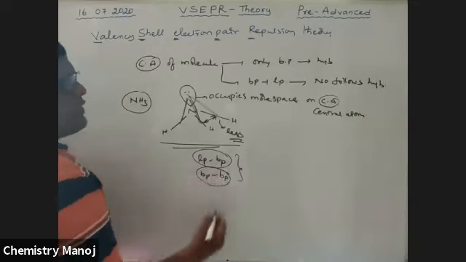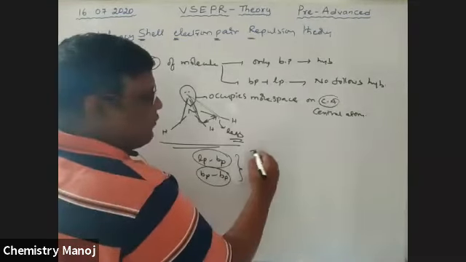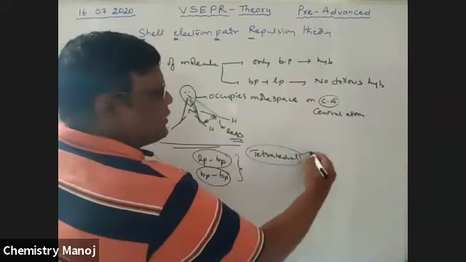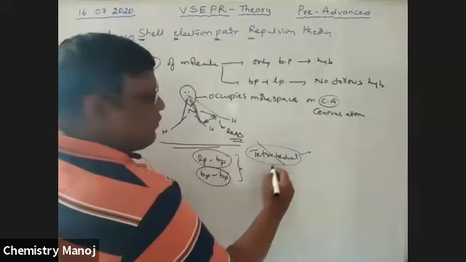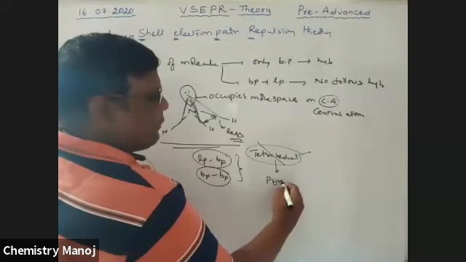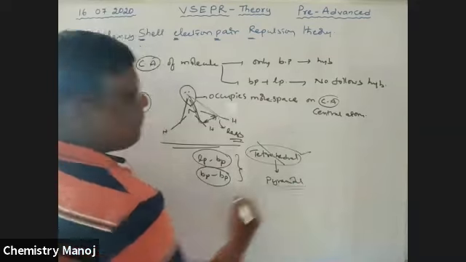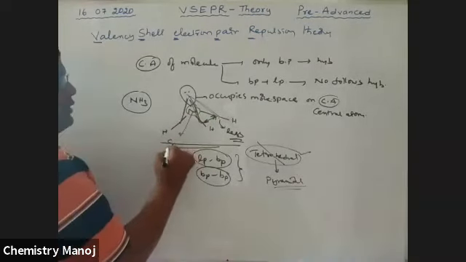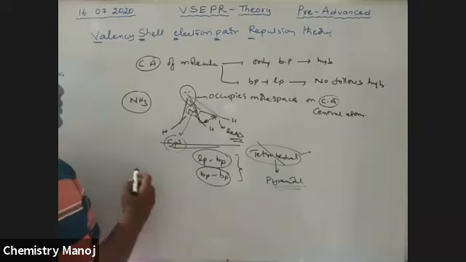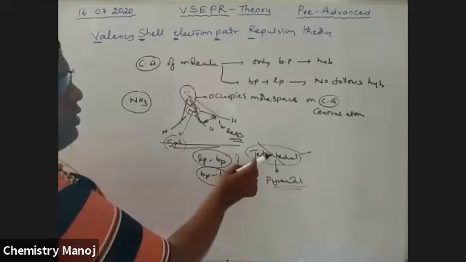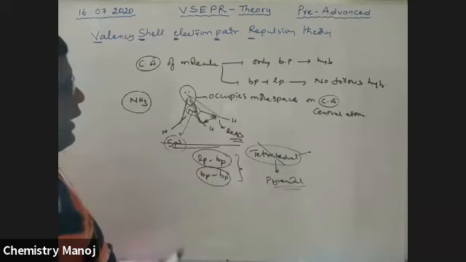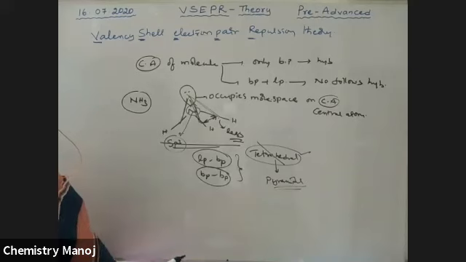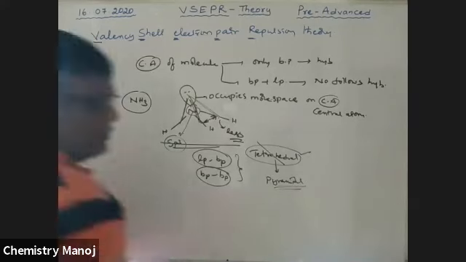Because of these repulsions, the shape is deviated from tetrahedral, which we actually expected, to pyramidal shape. So in ammonia, nitrogen is in sp3 hybridization, but the shape is pyramidal, not a tetrahedral shape, because of the lone pair. So see here.